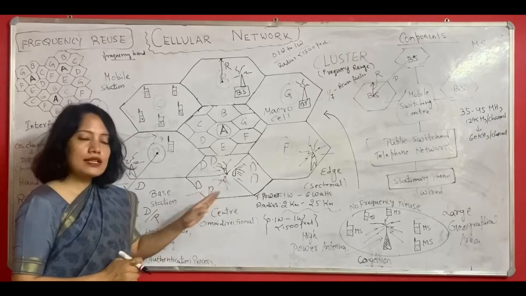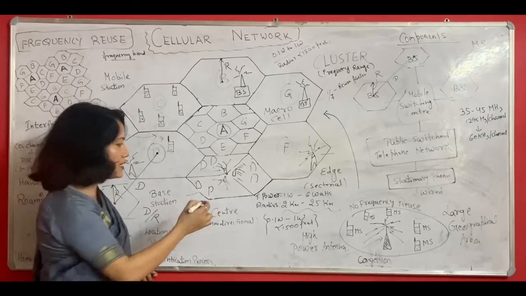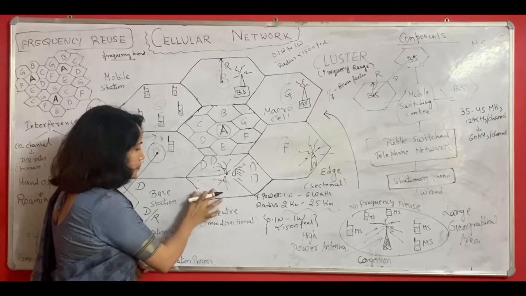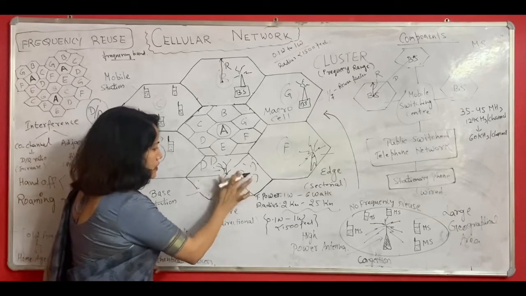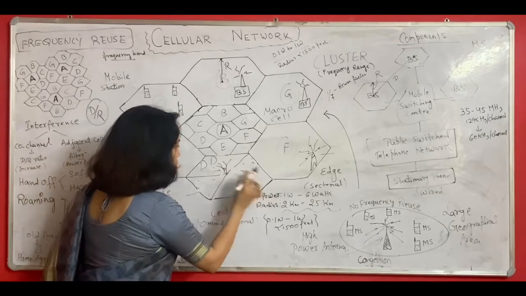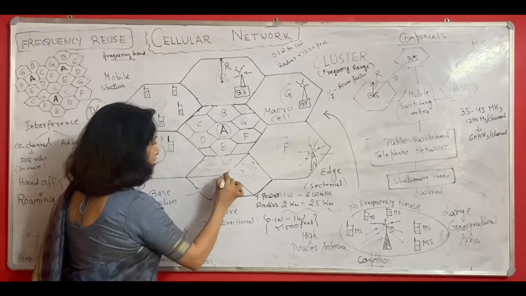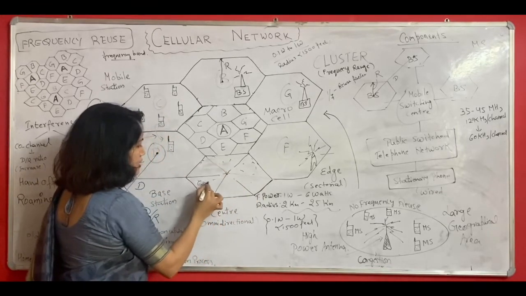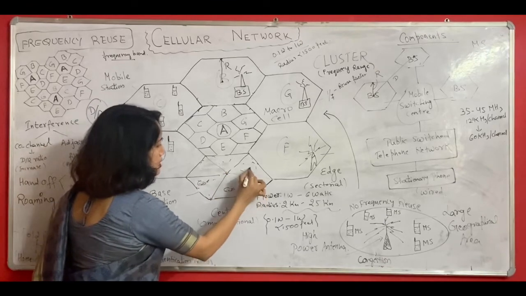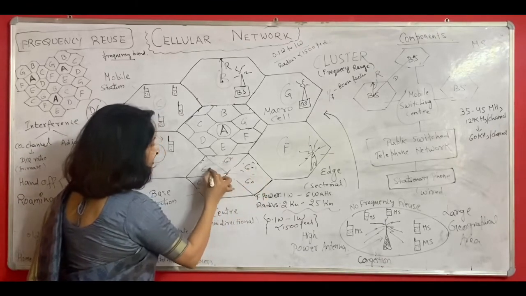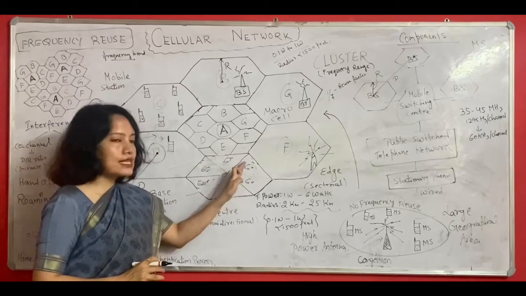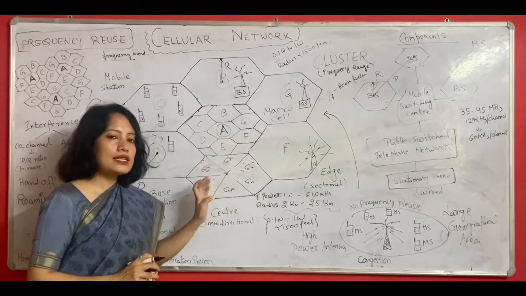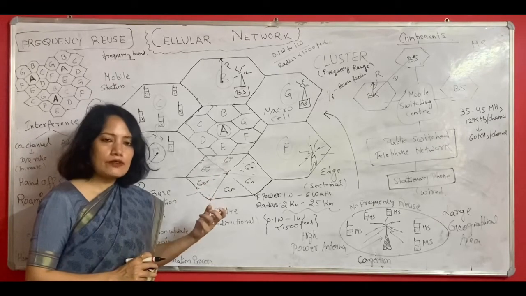Now this sectoring can be further divided, and it can be done for 60 degree separation as well. So we can have 60 degree sectors. So 60 degree, 60 degree, 60 degree, 60 degree, 60 degree, and this is also 60 degree. Now here the whole cell is divided into a total of 6 sectors, but in this case the number of antennas required is 6.